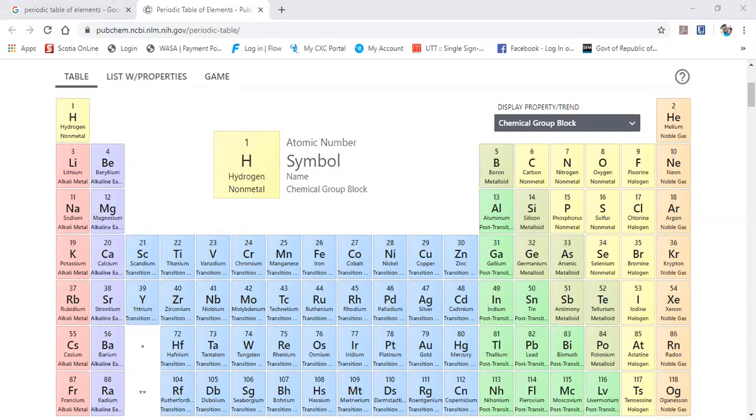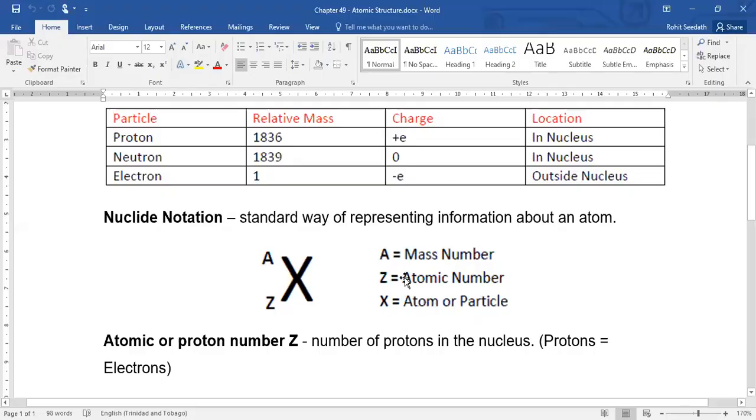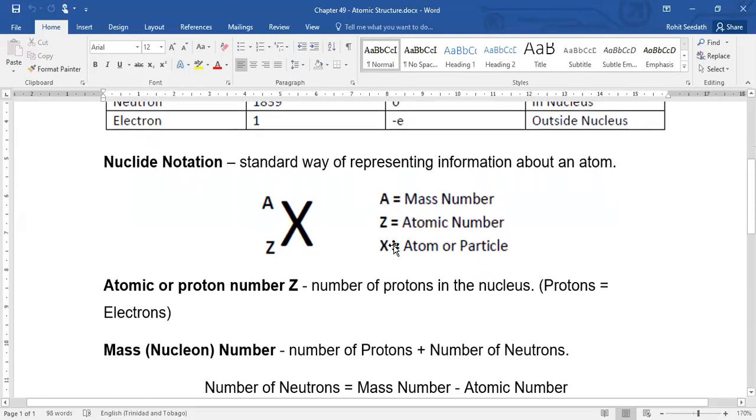If you go back to the notes here, your atomic number is represented by Z, and A is your mass number. Your atomic number is the number of protons in the nucleus. Pay attention to that. The mass number is the number of protons and neutrons in the atom.